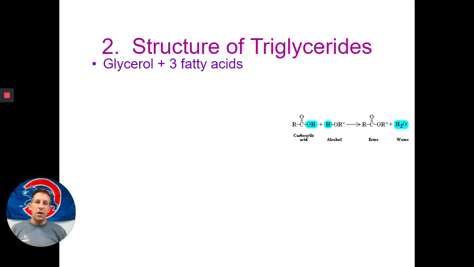Triglycerides are put together with the things that we see up here. You need a glycerol molecule and three fatty acid tails. They could be saturated or unsaturated fatty acids; it doesn't really matter right now. You just need three fatty acid tails and a glycerol molecule.